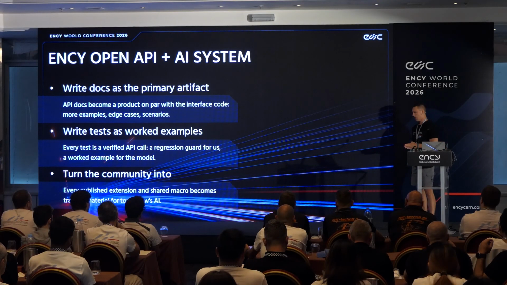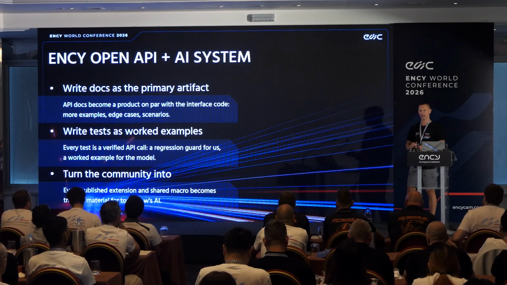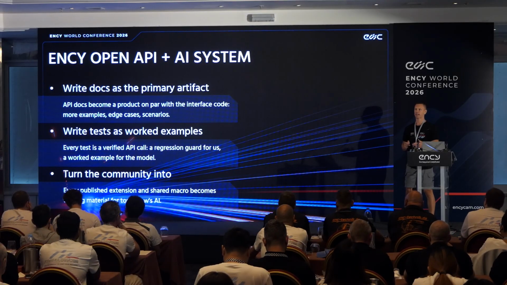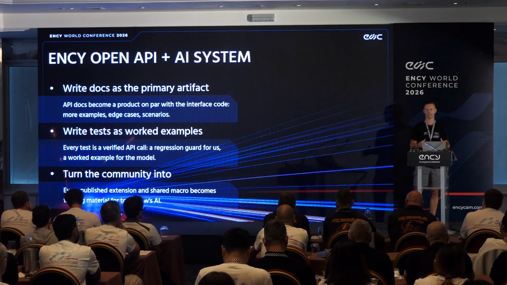Now a test is something that can demonstrate to the AI how the real API interface behaves. Third, our community is our data source. Every published extension, every shared macro becomes material the model can learn from. And of course, the bigger the ecosystem, the smarter the system works.